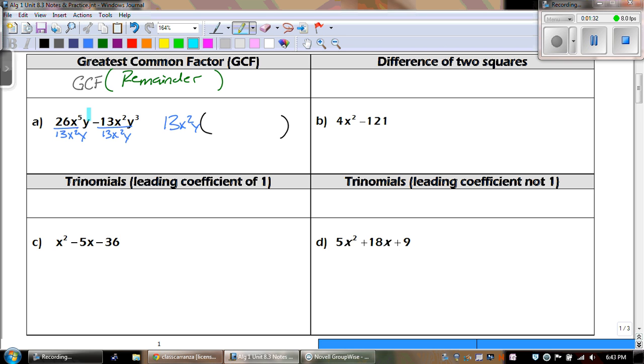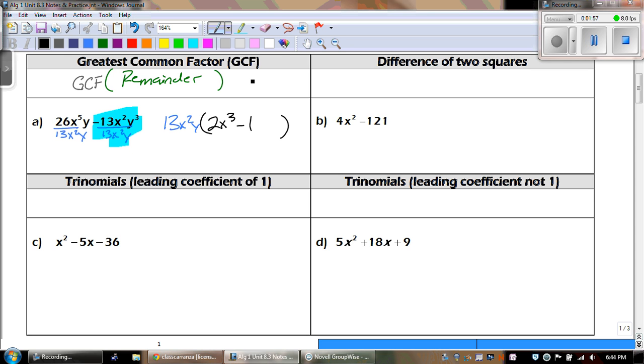So let's look at 26 divided by 13. 26 divided by 13 is 2. x to the 5th divided by x squared is x cubed. And then the y's cancel out. Now, negative 13 divided by 13 is going to be negative 1. x squared divided by x squared cancel.